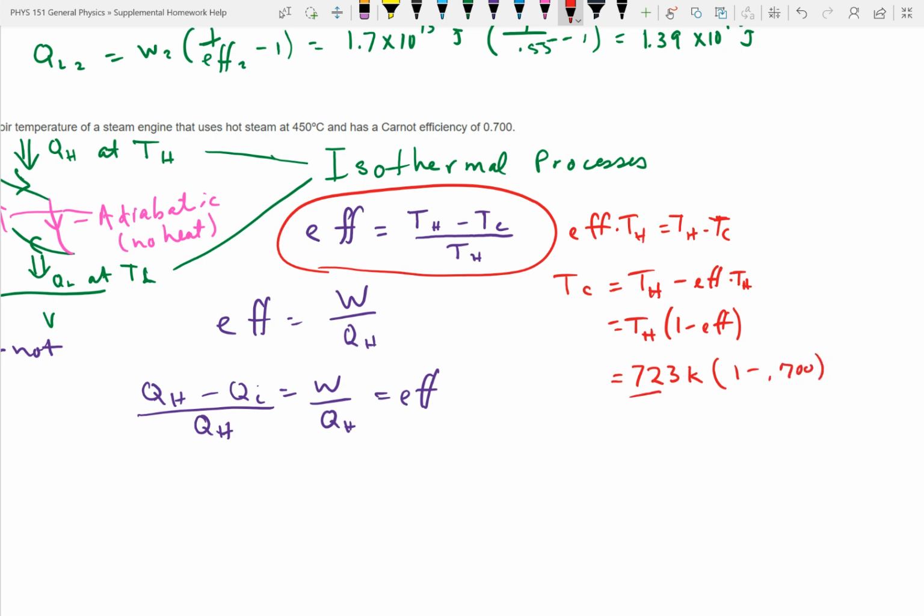Times 0.3. Oh, oops. Two ones. Whoa. Really? Oh yeah, I divide instead of multiplying.